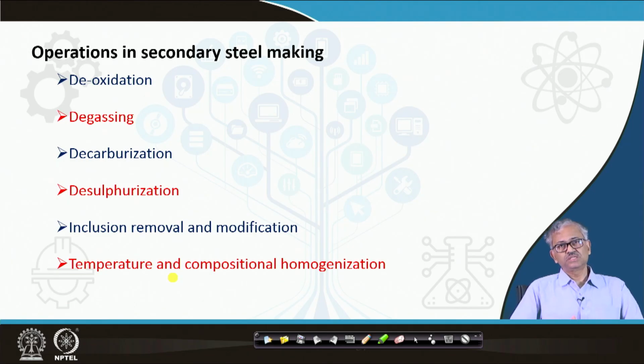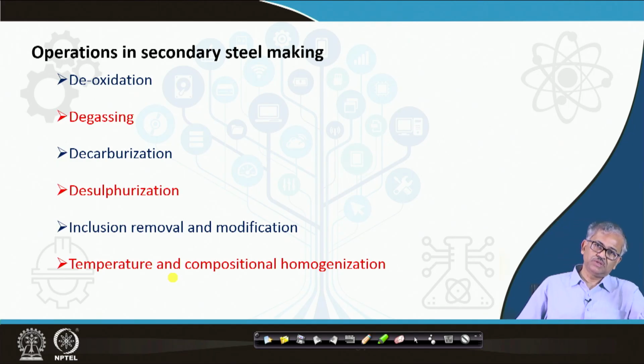So continuous casting requires a constant temperature, constant superheat of the liquid. It cannot deal with fluctuation in the superheat. So the temperature within the ladle has to be uniform before the ladle is taken to the teeming station. When the liquid is poured from the ladle to the mold, it is called teeming. And when it is tapped from the LD to the ladle, it is called the tapping operation.